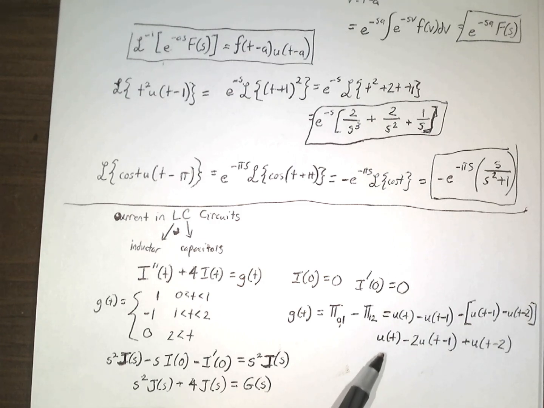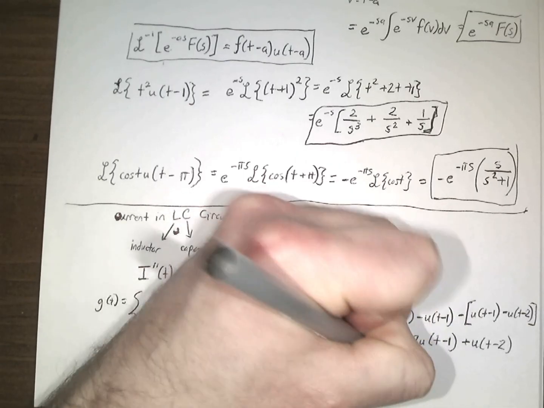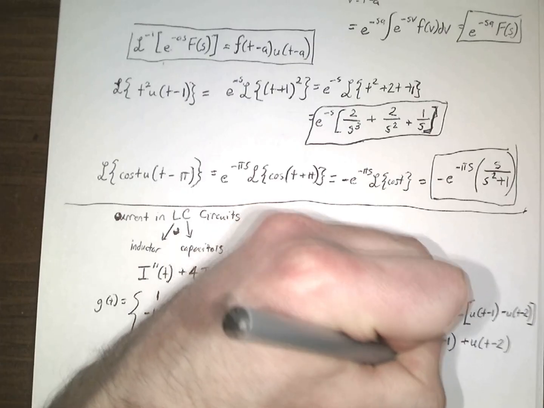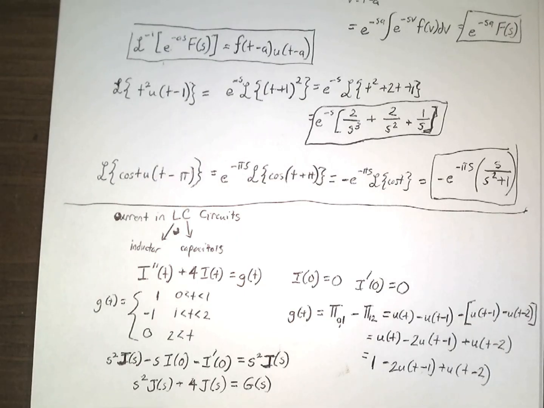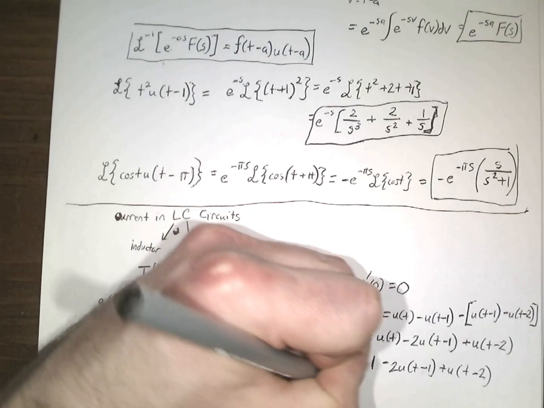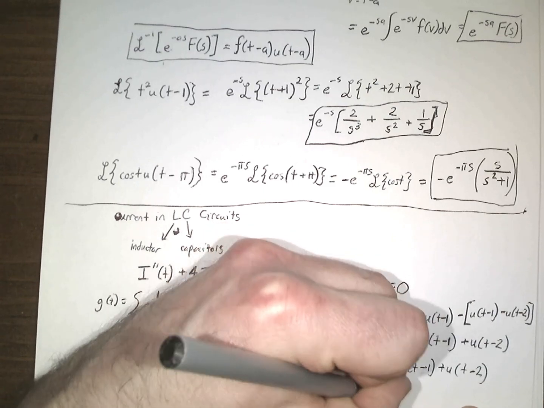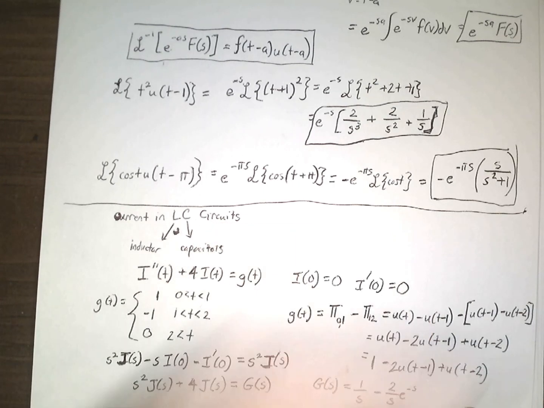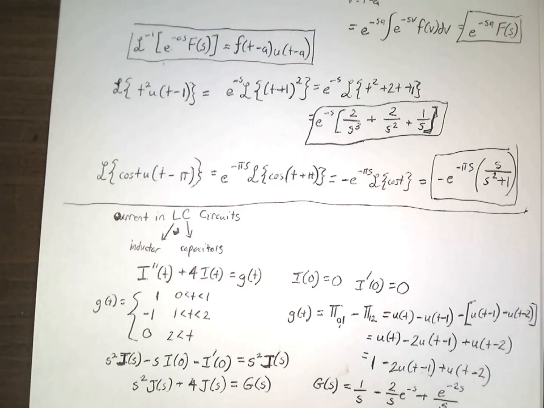We can use the fact that u of t is just really equal to 1, so that will help us simplify things a little bit. So at the end of the day, g is 1 minus 2u of t minus 1 plus u of t minus 2. So if we carefully apply the Laplace transform of that, we get G of s equal to 1 over s minus 2 over s e to the negative s plus e to the negative 2s over s.